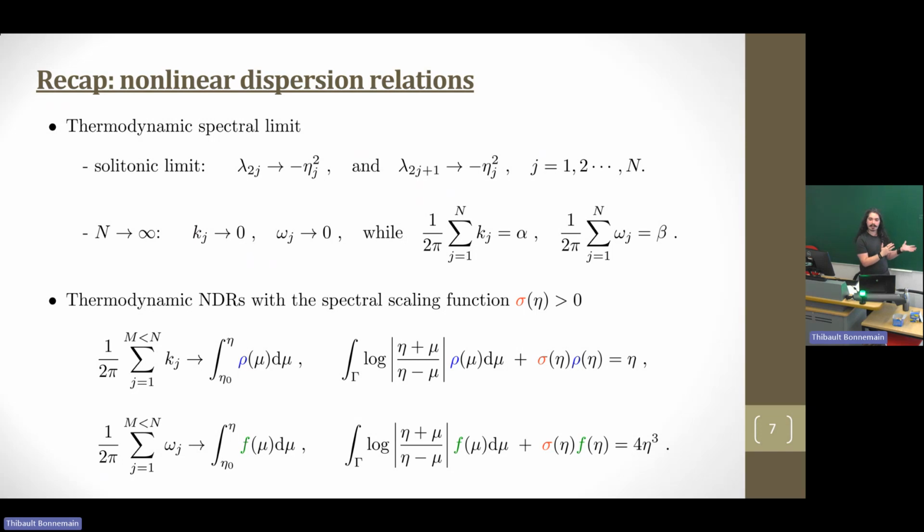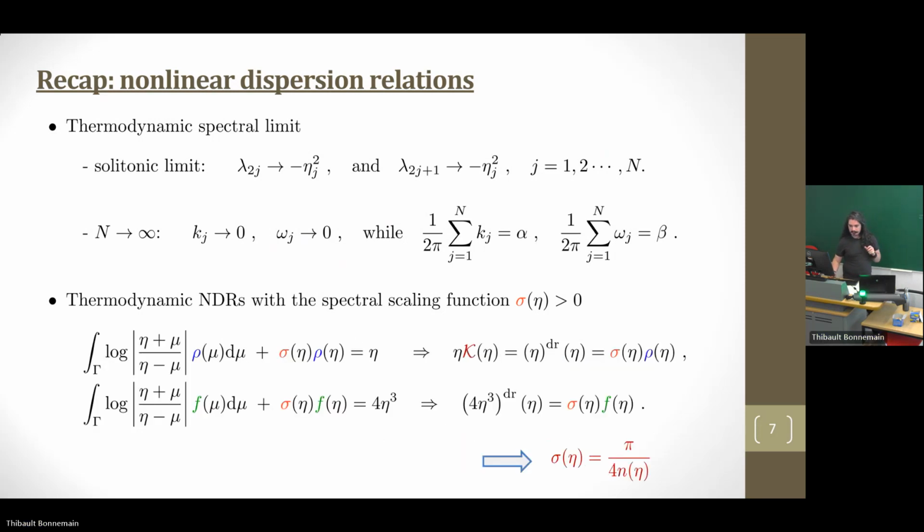So the NDRs relate the wave numbers and frequencies to the spectrum. Here, in the thermodynamic case, they relate the density of states and spectral flux density to this band-gap ratio. What's nice is that you can also reinterpret those two NDRs as two examples of the equation of state.